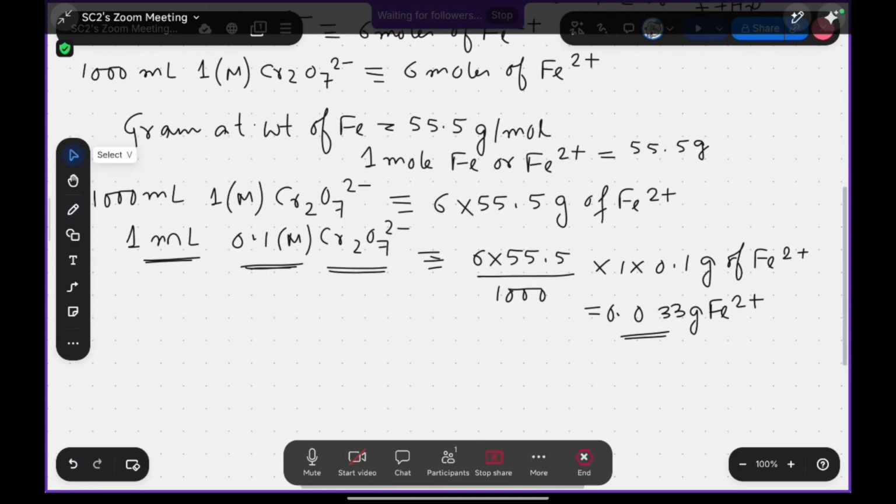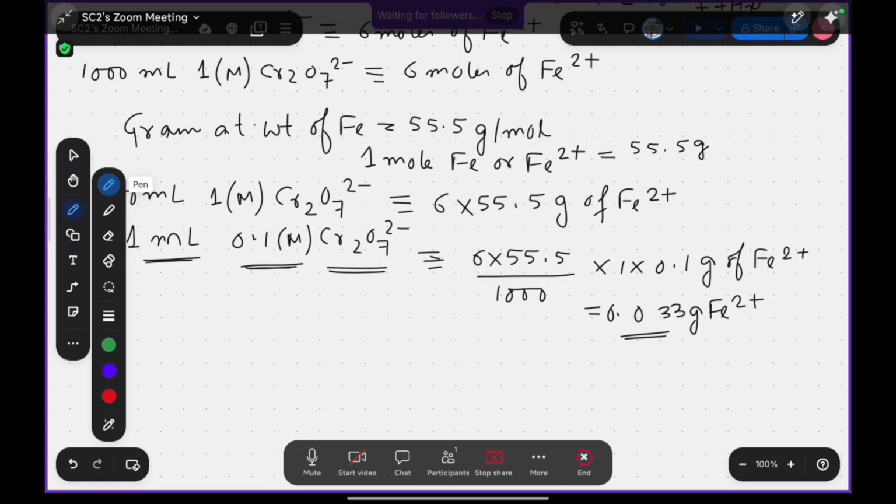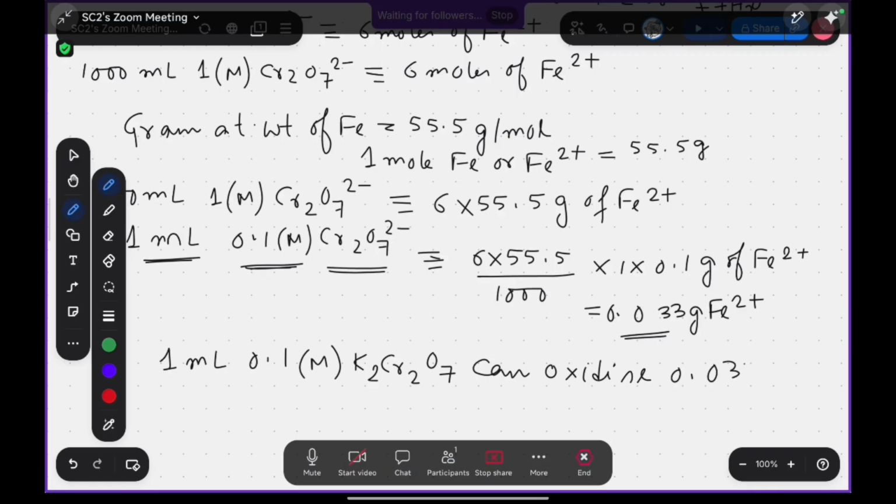So what can you conclude from this? 1 milliliter of 0.1 molar potassium dichromate, as given in the question, can oxidize 0.033 gram Fe2 plus iron. As I said, it is similar to the previous sum, but with one slight difference: in the previous sum it was asked for the entire ferrous sulfate, and this sum is only for Fe2 plus iron. That's it. Let's move to the next sum now.